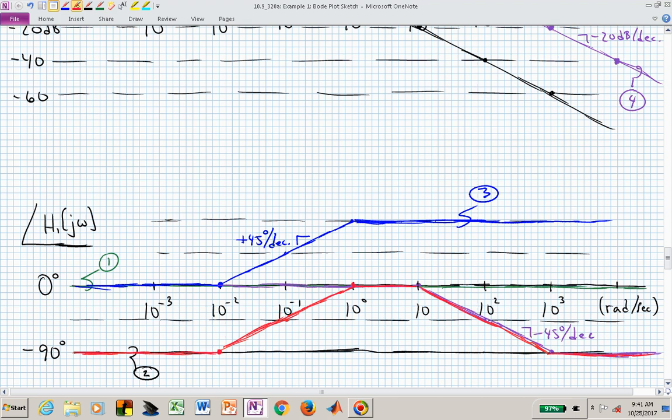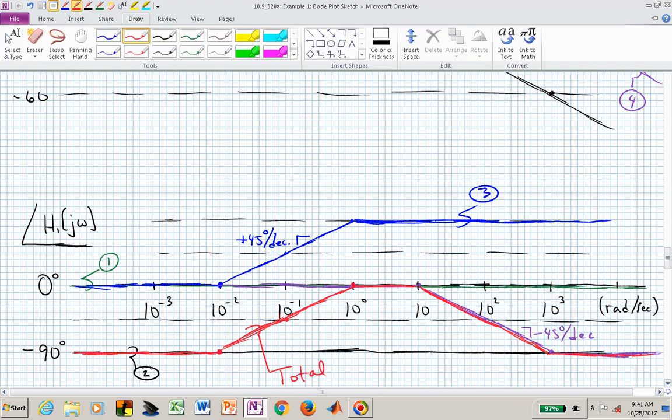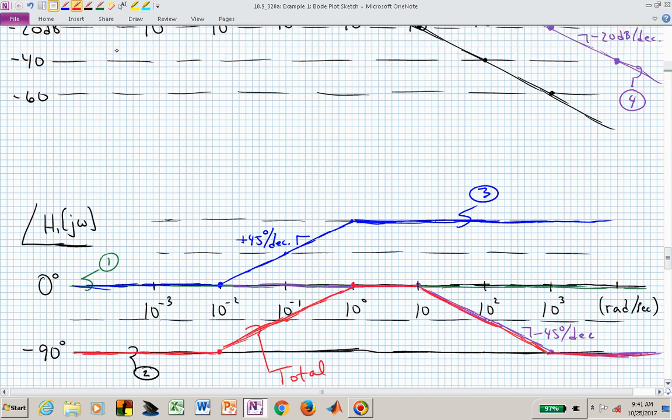So here's our total curve in red, and it actually overlaps with our 4th individual term that kicked in a decade before its break, but now that 4 is the individual piece of our second pole.